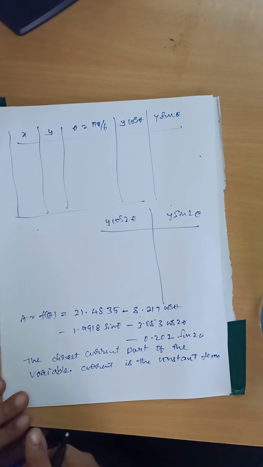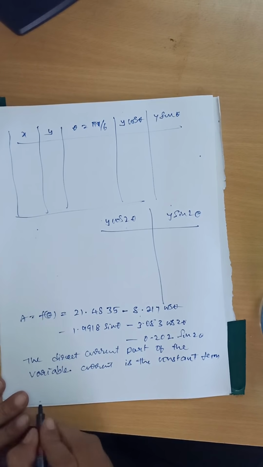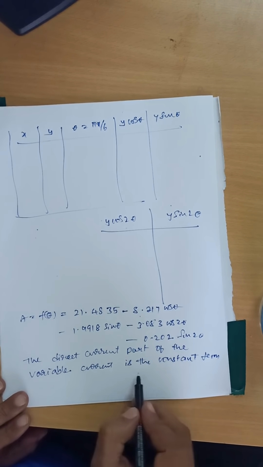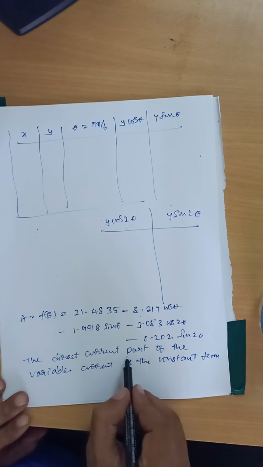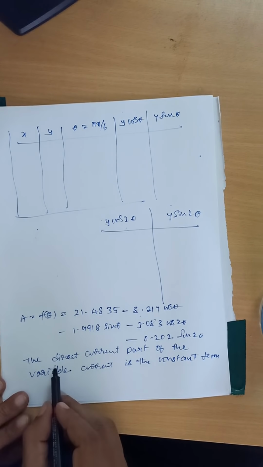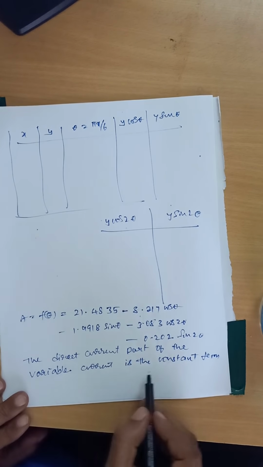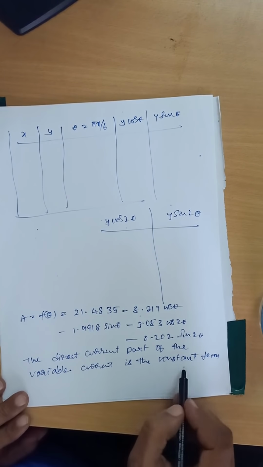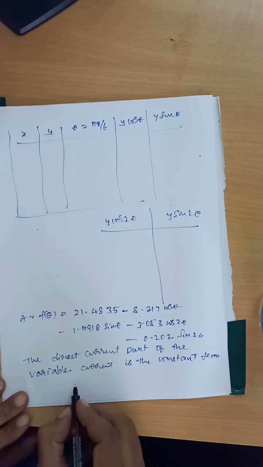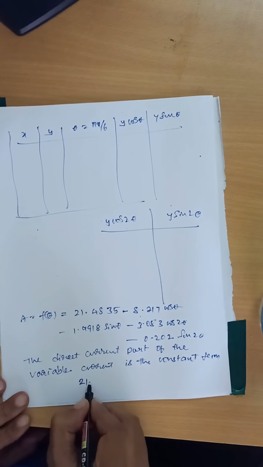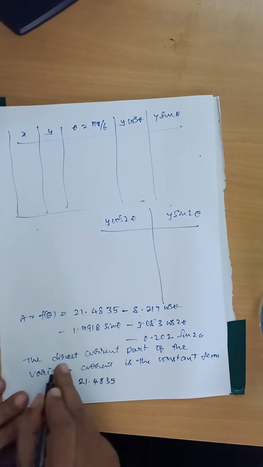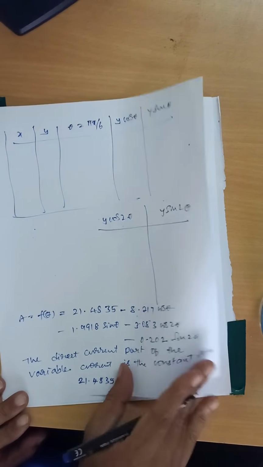In this particular problem, the constant term is A0 by 2. This point is very important. It is mentioned in your question: find the direct current part of the variable current. We denote the constant term A0 by 2, that is 21.4835, as the direct current part of the variable current.